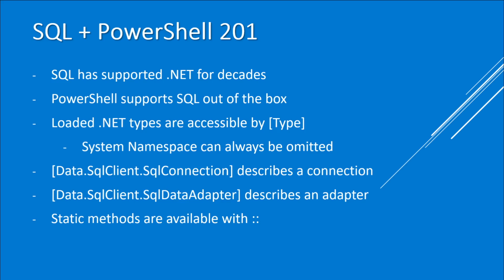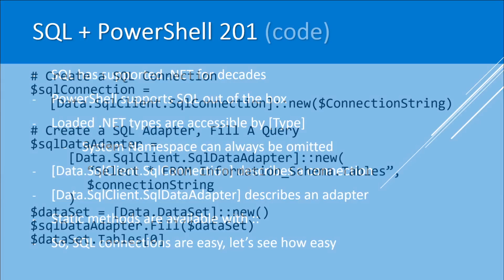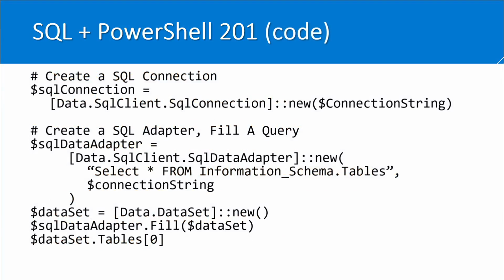And that makes SQL connections easy and working with SQL very, very simple in PowerShell. So let's take a quick look at a one-slide version of how simple. The first statement up here is just creating the SQL connection. And that is, again, just getting our type, using the static constructor, passing a connection string to it, and great, we've got a connection.